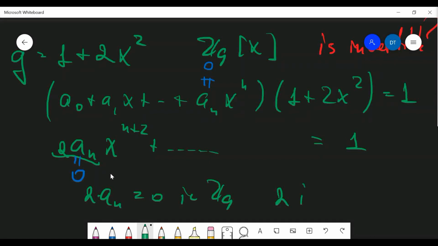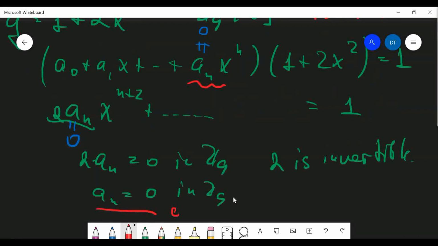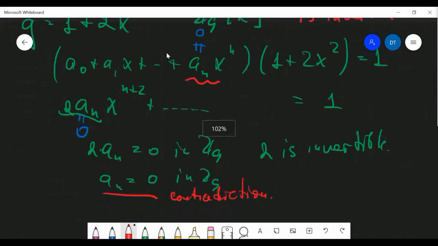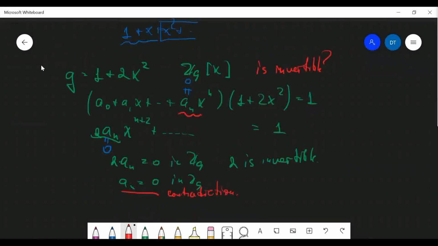But 2 is invertible. Then we may multiply this equality by 2 inverse, and we will get an is 0 in Z9. And this will be a contradiction to our assumption that an was the highest non-zero coefficient of this polynomial. So this is the way you can prove that this guy is not invertible.